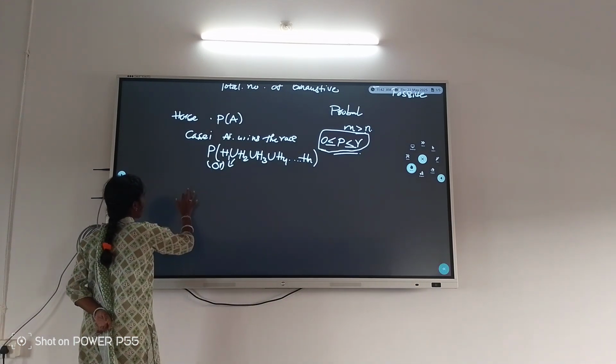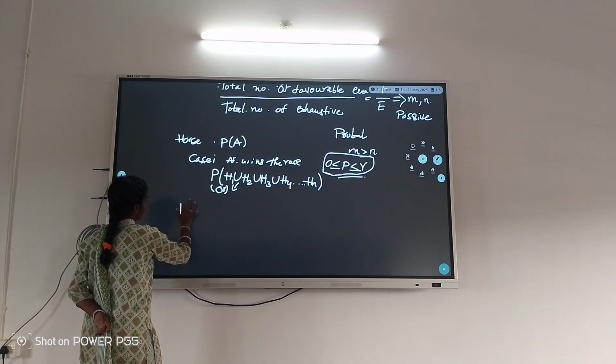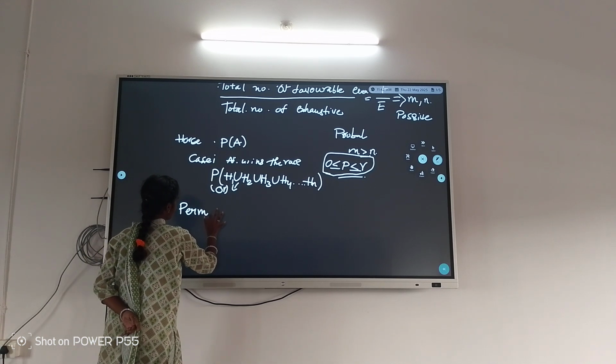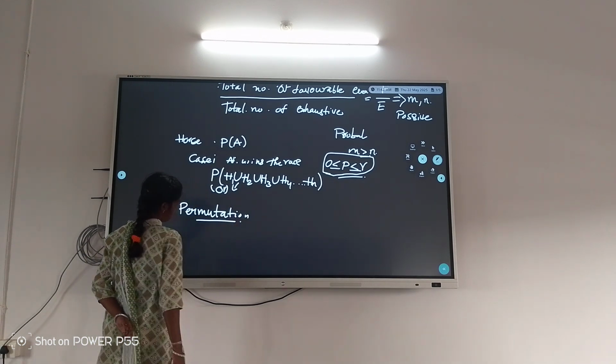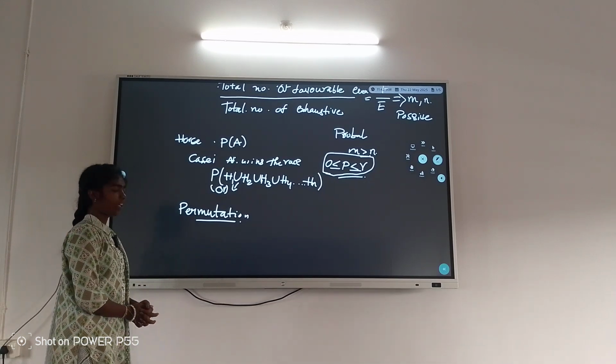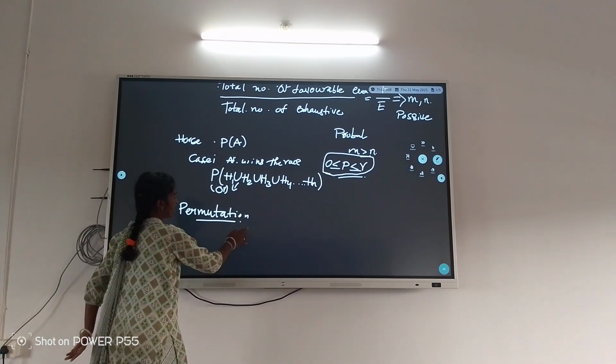And the subtopic is permutations. Permutations is nothing but taking the elements in a sequential or linear order.